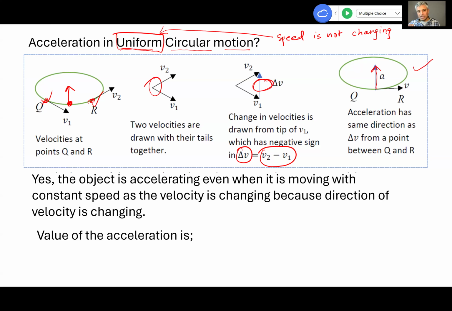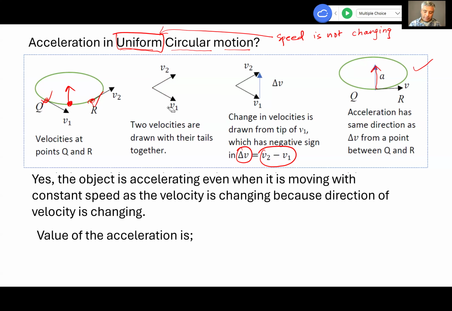And throughout the ramp, if you are driving 40 miles per hour, your speed is the same. But since you are constantly changing direction, your velocity is not the same. Your velocity is changing because of simply the change in direction. So when we look at this, taking account of that change in direction, see, the length of both arrows is the same. So that means the value is not changing.